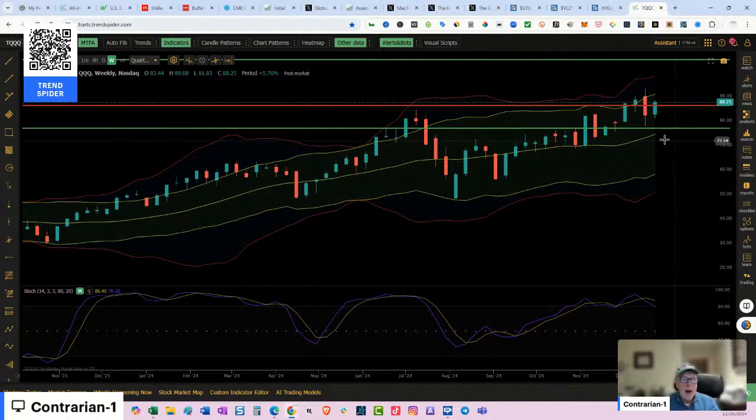But in the back of my mind, I know that this ETF and the S&P 500 is being led by only a few stocks. And when they pull the legs out from underneath it, it's going to fall really, really hard. So if you're going to buy it, I would use a trailing stop and let the market take you out. Because when this goes, it's going to happen really, really fast.